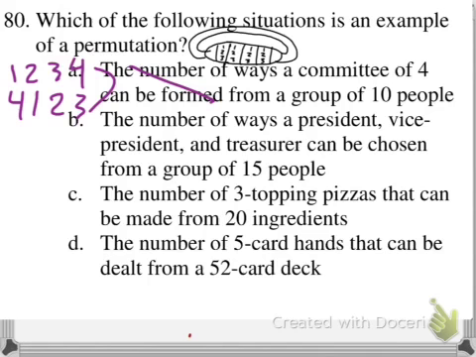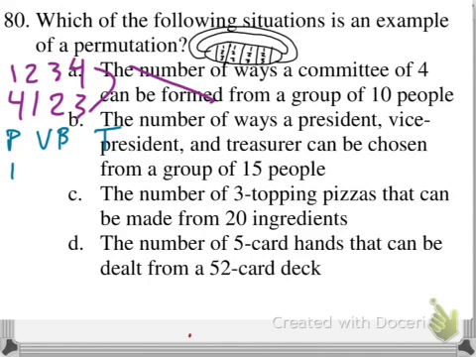The number of ways a president, vice president, and treasurer can be chosen from a group of 15 people.